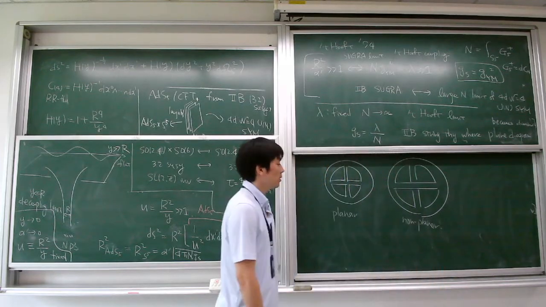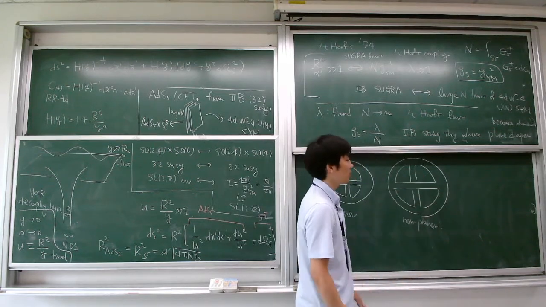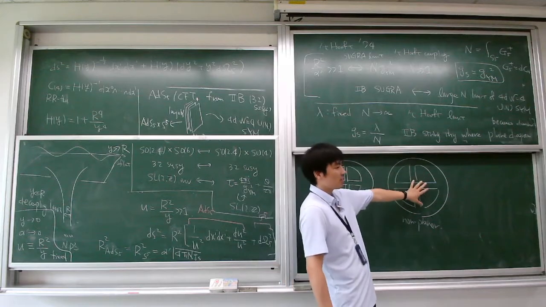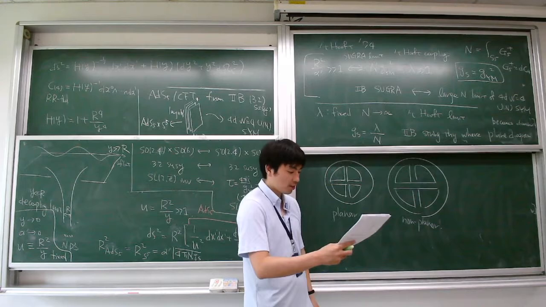So this means that you can put this one into a sphere, whereas you have to put this one into a torus. I cannot draw the figure, so it's written in my lecture notes.